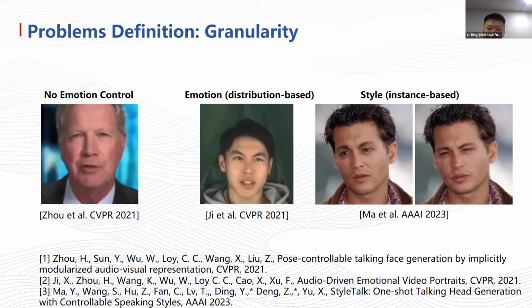And recent work has studied style-based generation. And what does style mean in our paper? Let's first go back to emotion label-driven generation. Emotion label-driven generation emphasizes that the generated facial expression should conform to a certain category. In other words, conform to a specific data distribution. So we call this distribution-based.